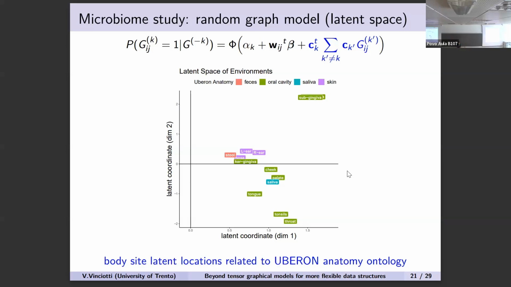So, I mean, nose is for some reason close to stool, but I think it's not what we are thinking about. So in any case, this is a result of the statistical procedure. So you can look at it, and you can also measure distances between the networks of the different body sites.